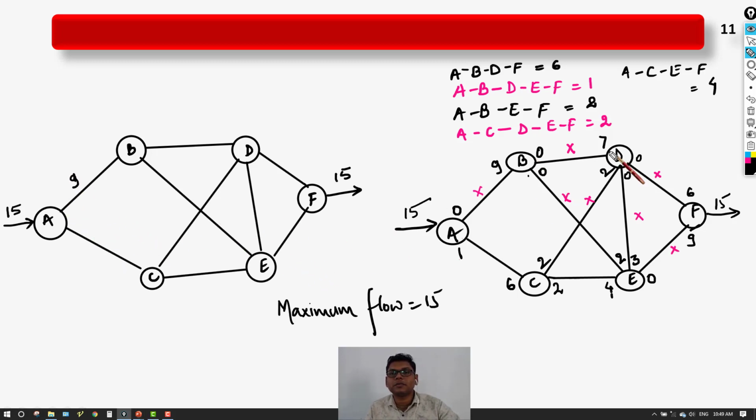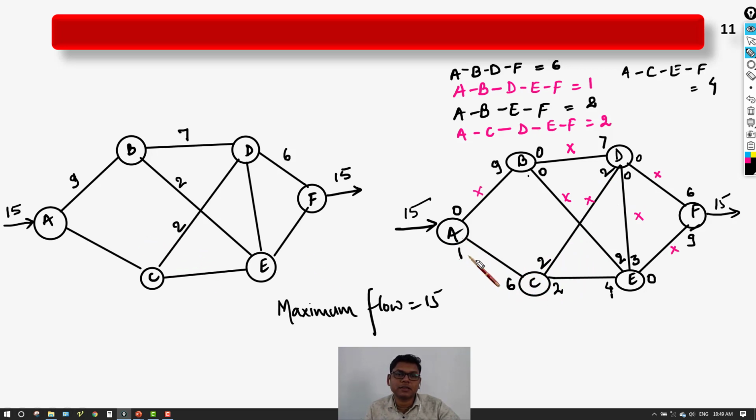Okay, on this path total 7 minus 0, 7, so write here 7. On this path total 6 minus 0, 6. On this path total 2 minus 0, 2. On this path total 4, but only 2, so 4 minus 2, 2.